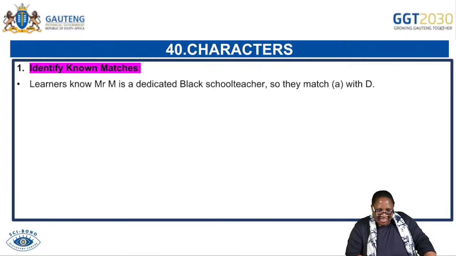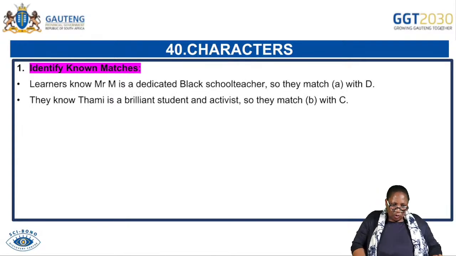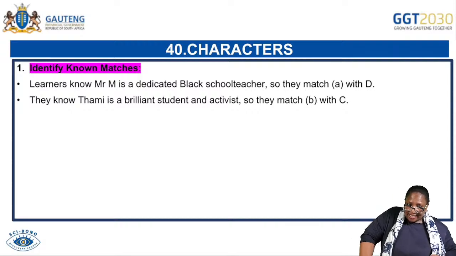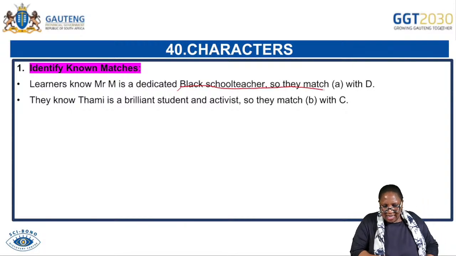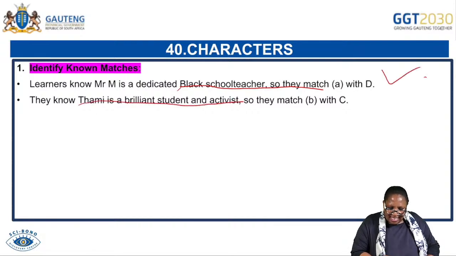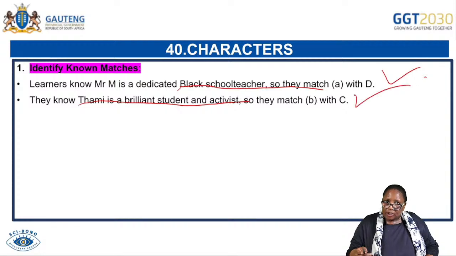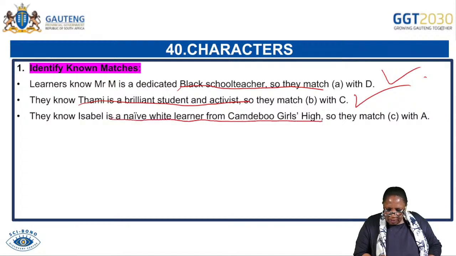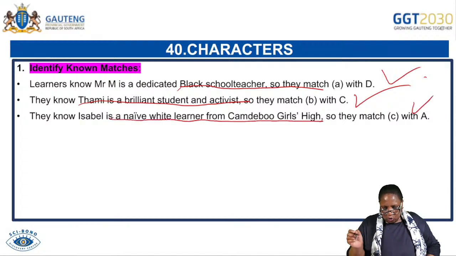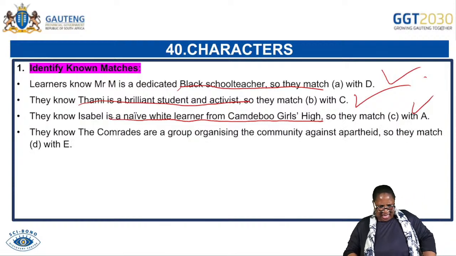Now let's go to the answers. I'm sure you are waiting. You want to know how you made it. Learners know Mr. M is a dedicated black school teacher, so you will match it with a D, isn't it? You got D. Tammy is a brilliant student and activist, so you matched it with C. That's correct. And then Isabel is a naive white learner from Camdebo High, so you matched it with A. That's good.